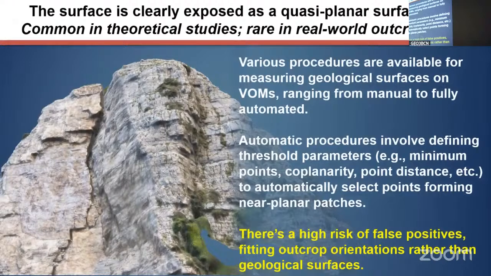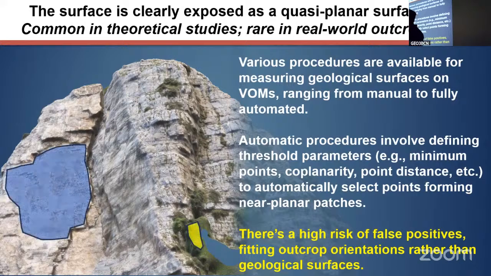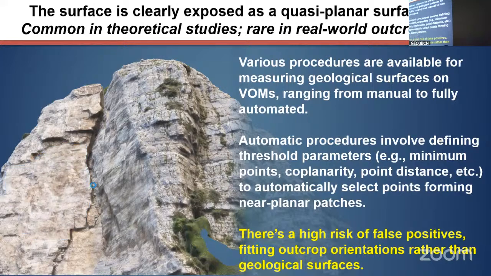Well, there are various processes. When we have the 3D surface that maps the outcrop topography, it's quite intriguing from the mathematical point of view. And if you take the literature, there is a strong imbalance. Almost the totality of works dealing with automatic extraction of bedding and fractures from virtual outcrop models are focused on this kind of situation.